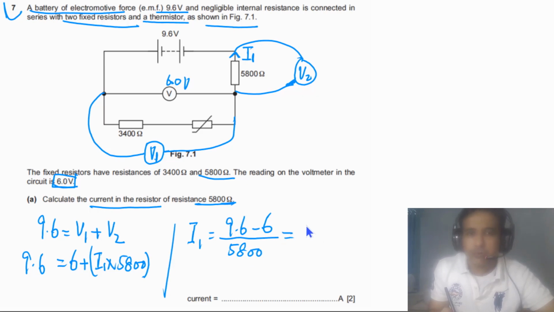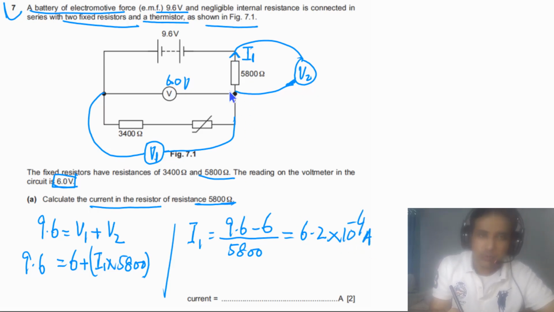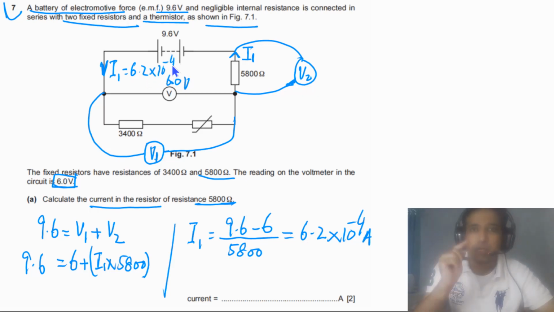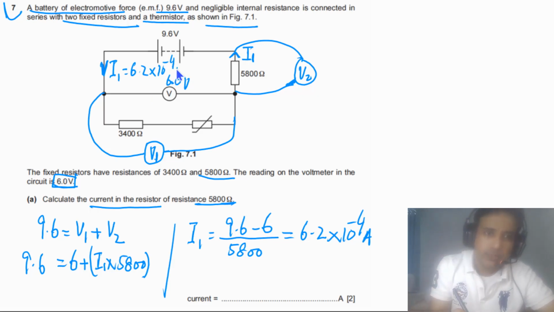If we solve this one, we will get our final answer 6.2 times 10 to minus 4 amps. So this is the amount of current passing through this resistor and the amount of current coming from this battery, that is also equal to I1, and this is equal to 6.2 times 10 to minus 4. We need to understand current entering a battery and leaving the battery has to be the same.